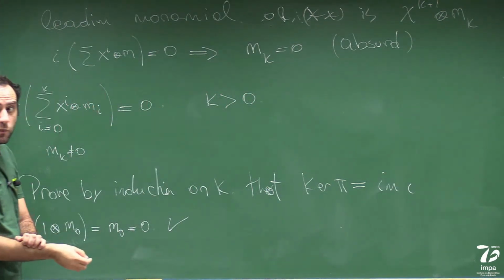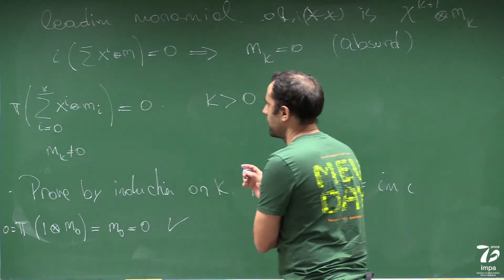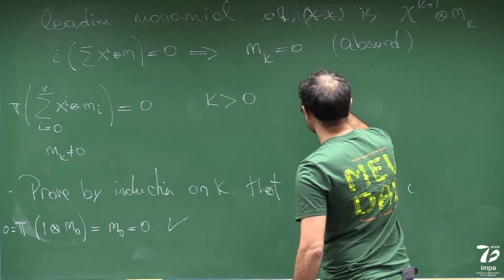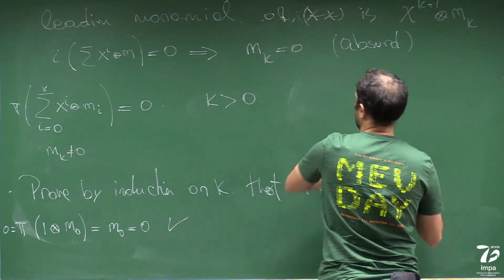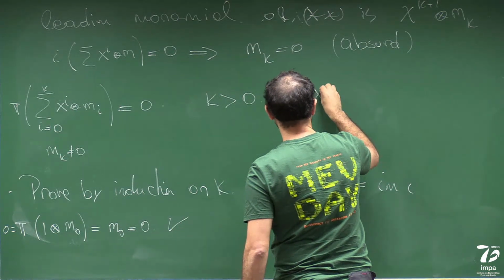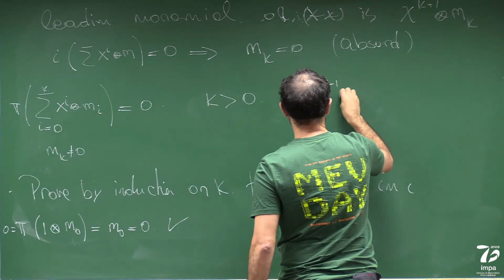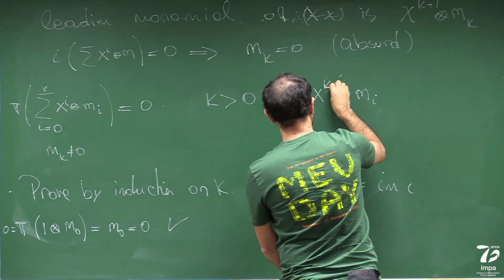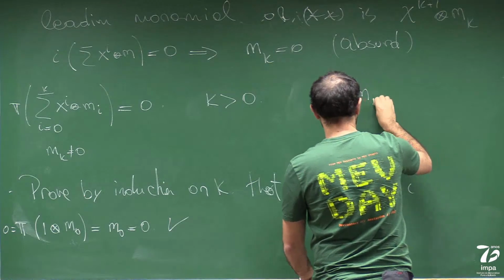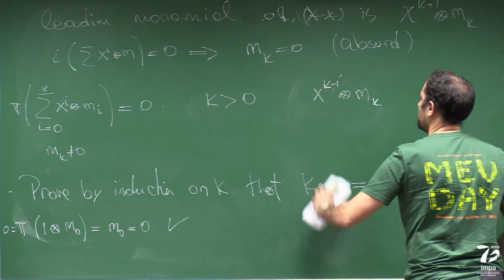In particular, k minus 1 is bigger or equal than 0. Okay, so what I can look at is the sum of x, well, I don't even need to take. I can look at x to the k minus 1 tensor m_k. This is not going to fit here. Let's do it here.